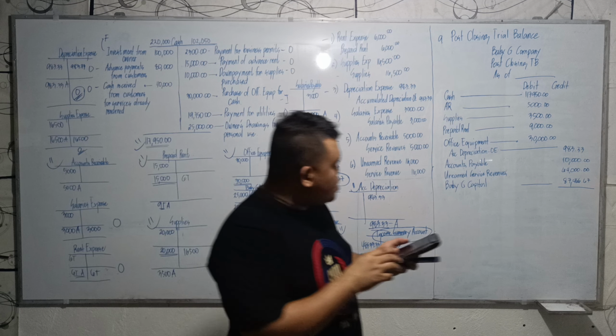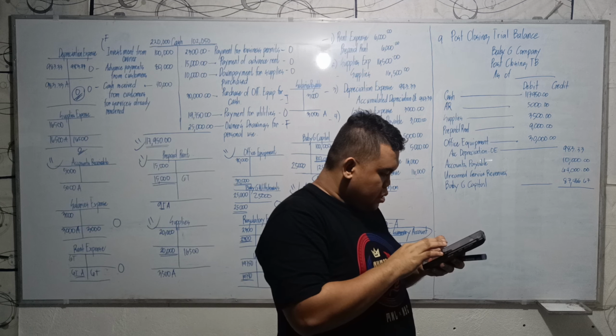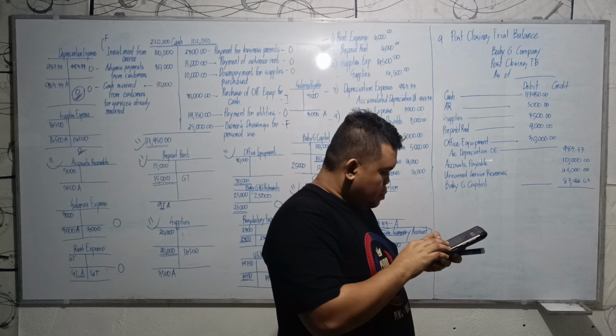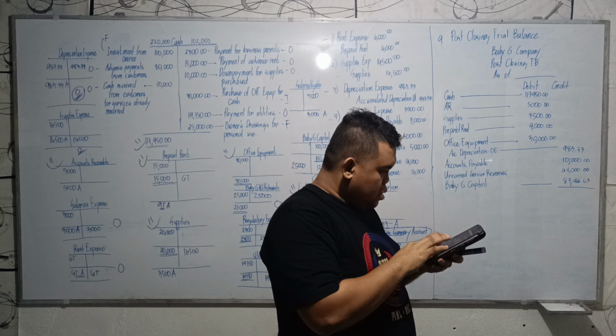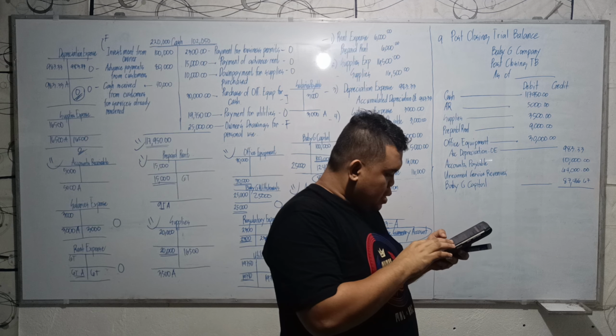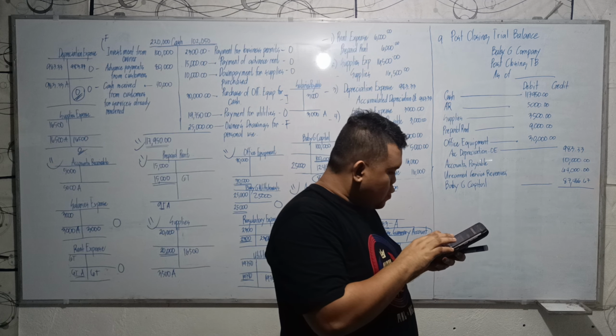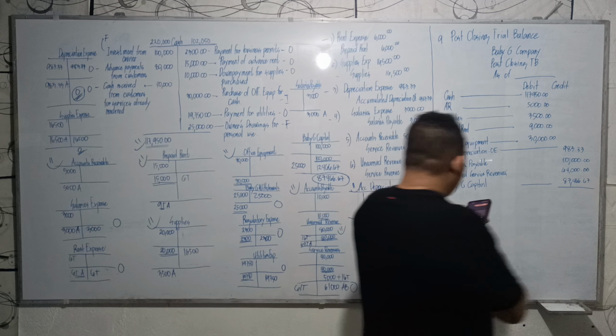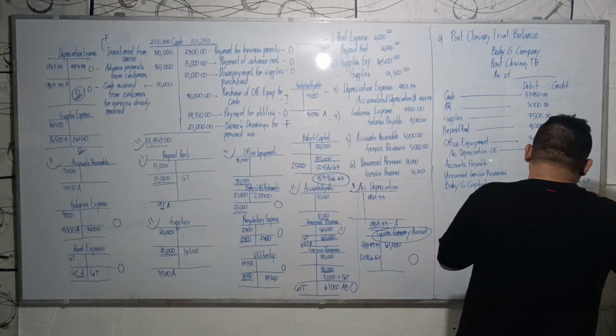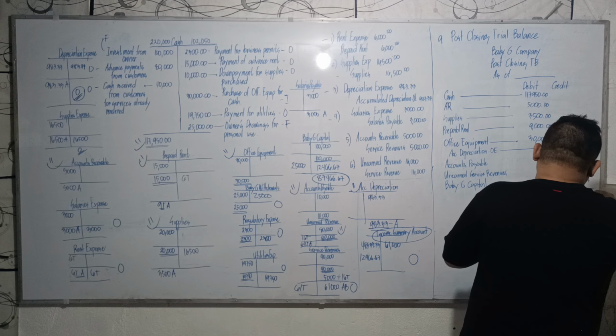So, let's total. On the credits, we have 983.33 plus 10,000 plus 64,000 plus 87,466.67, and we have 162,450.